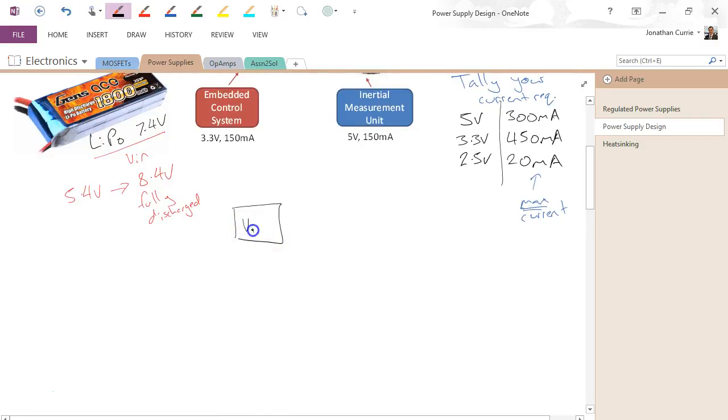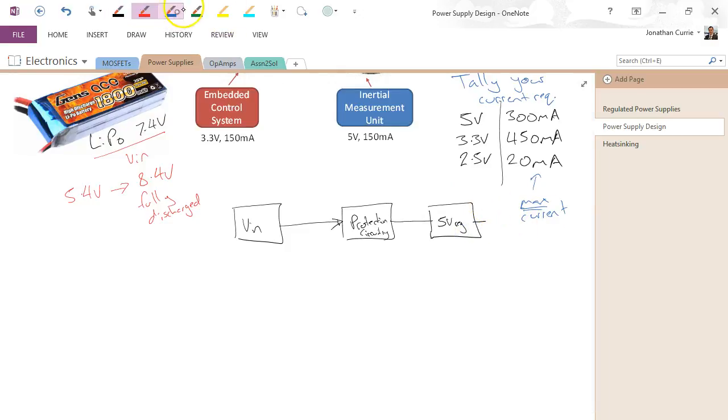Alright, so we have our voltage supply, or V in, which then comes through some sort of protection circuitry, which we're going to talk about shortly, and then through into the 5 volt regulator and through to the, we'll do them in the same color as they've been done here, 5 volt I/O.